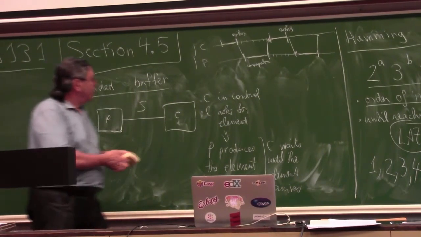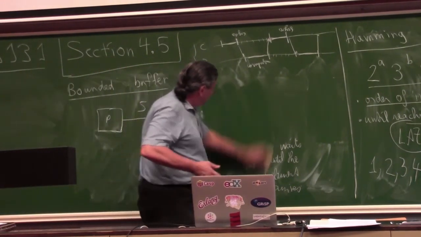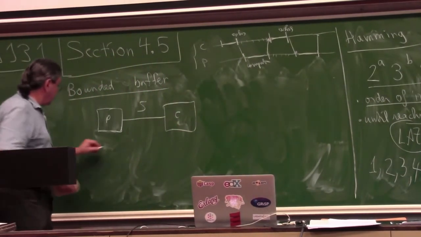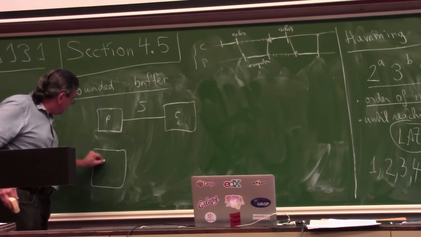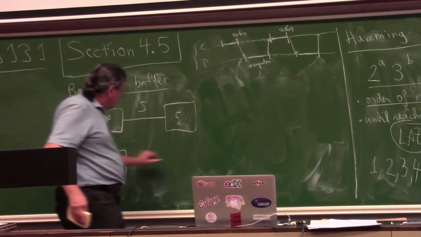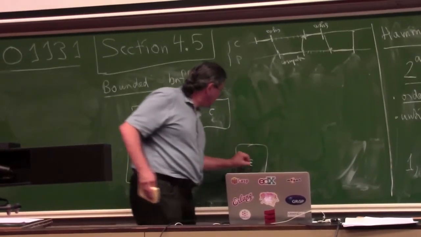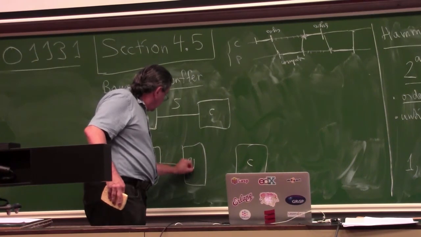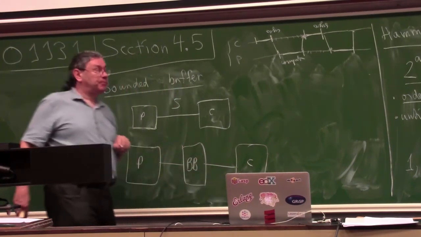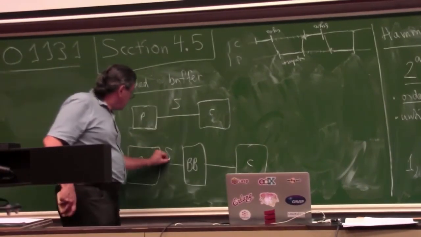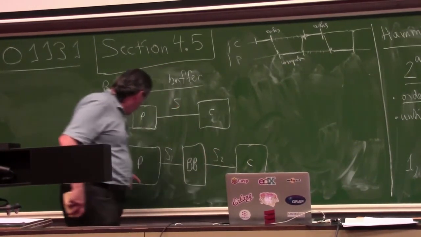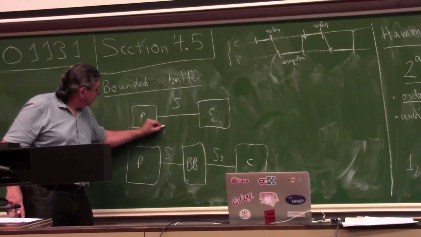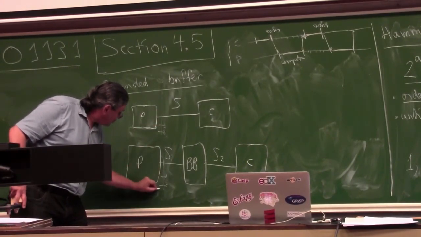So that's the role of a bounded buffer. A bounded buffer will improve this, will optimize this. So the second version here is I keep the same producer and the same consumer, and in between I add another component called a bounded buffer. So the producer sees no change.